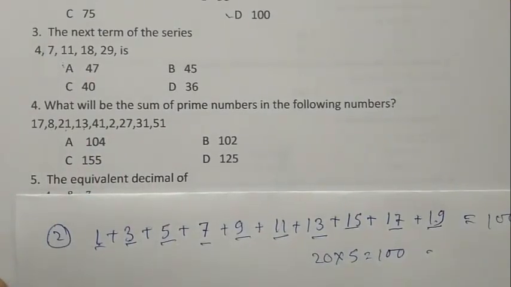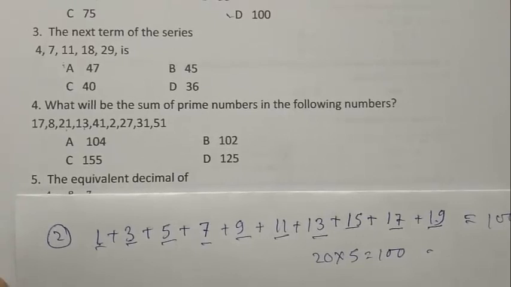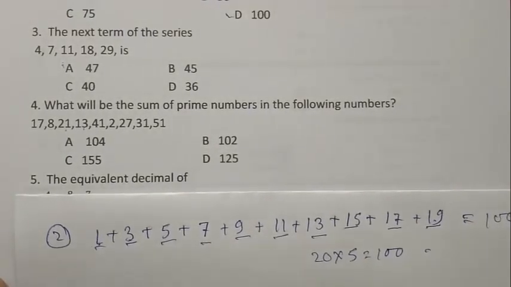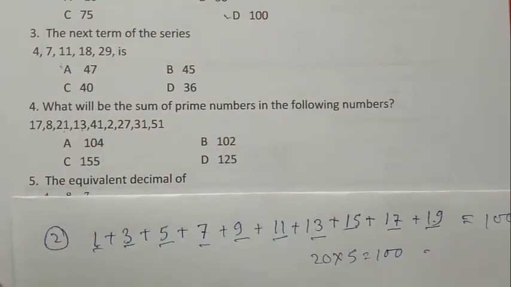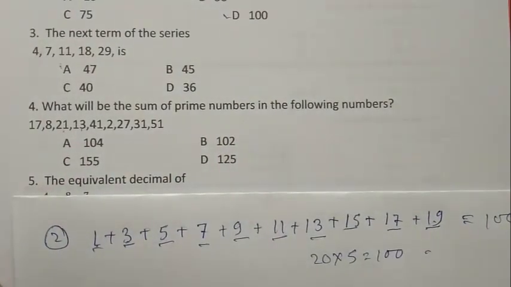So 13 plus 41 plus 2 plus 31, we add all the numbers, we get 104. So A is the correct answer.